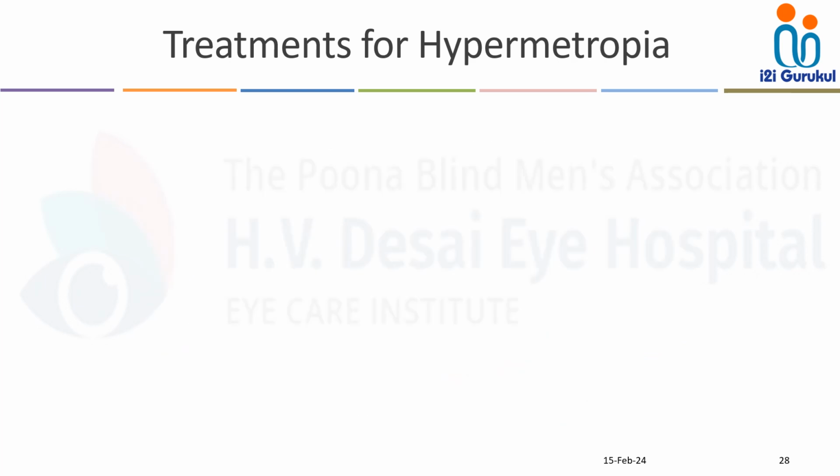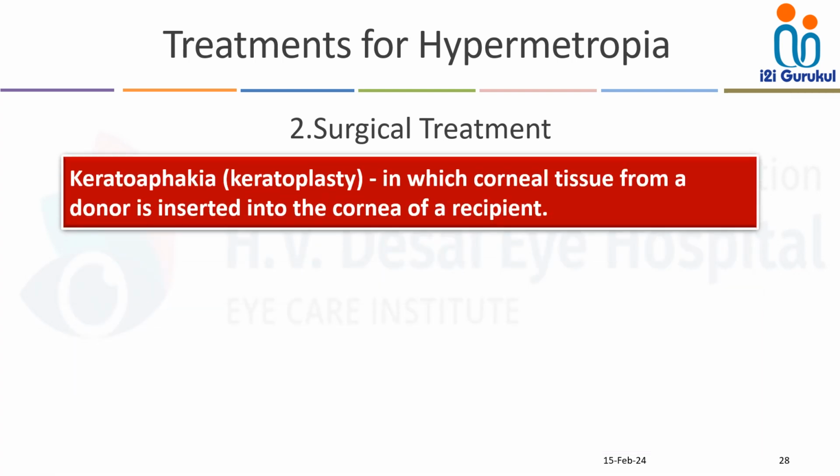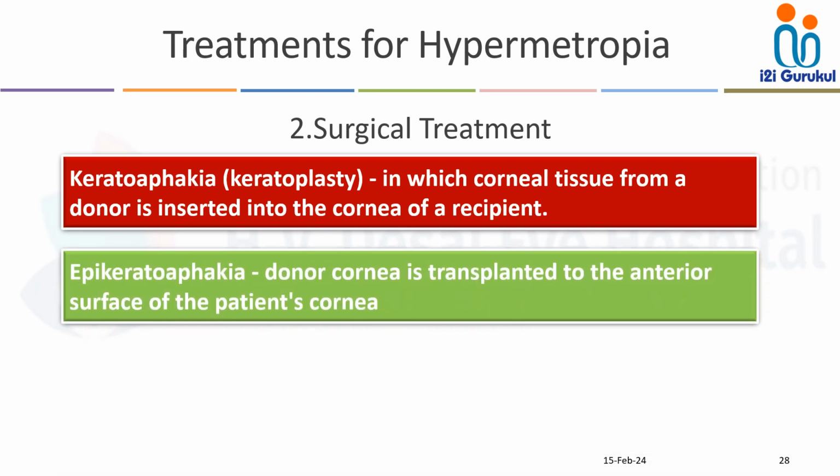The second option is surgical treatment. We have keratophakia, that means keratoplasty in which corneal tissue is transferred from donor to recipient. During this process, they freeze and shape the cornea and insert it into the cornea during the surgical process. And the second one is epikeratophakia. It is the surgical correction of aphakia.